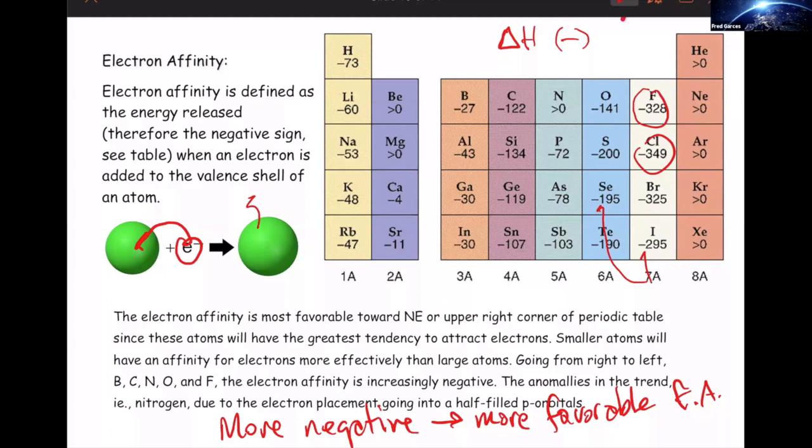Okay, so it's much more favorable relative to these others. And then if you look at the noble gases, they don't have an electron affinity, because you can't add another electron to a noble gas because they don't want them. They're already happy campers in terms of their electron configuration.